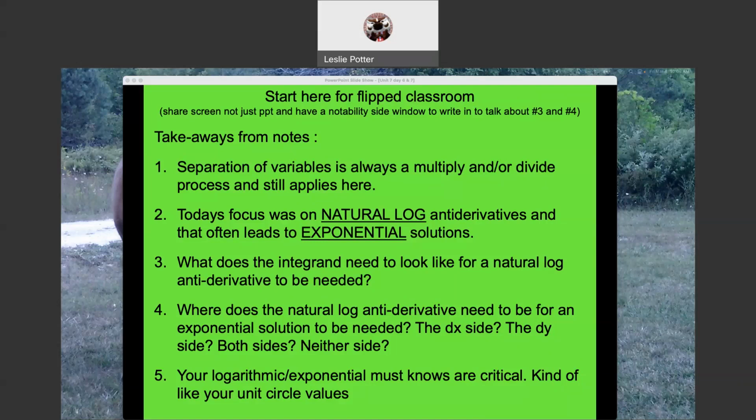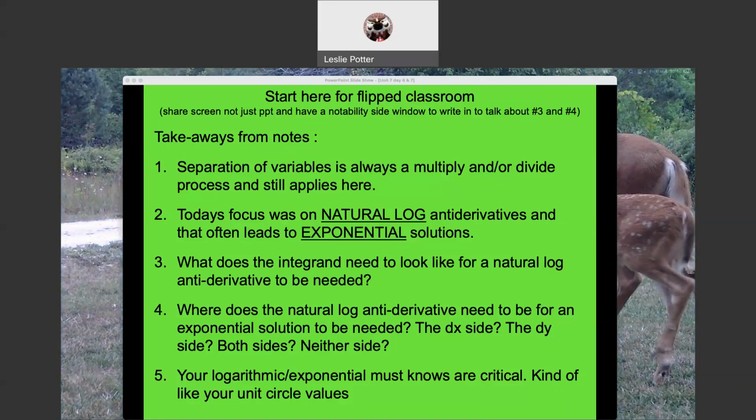And what determines whether we choose the plus or the minus is where our initial condition stands. If we have an initial condition that has a plus y, then we pick the plus solution. If we have an initial condition that had a minus y, then we pick the minus solution. Okay. So just a little insight into that as you work with it.